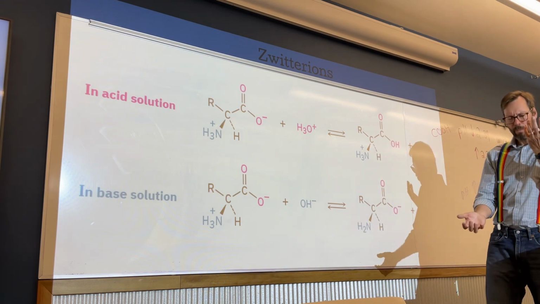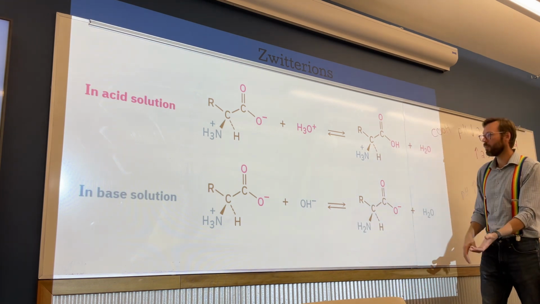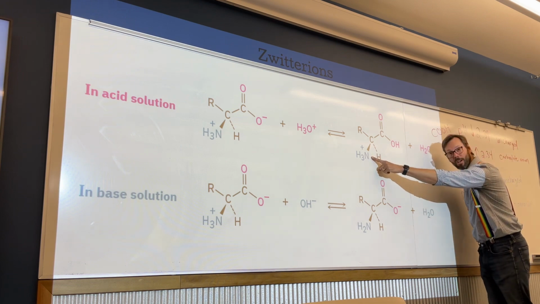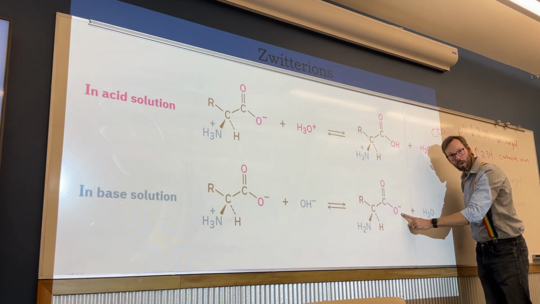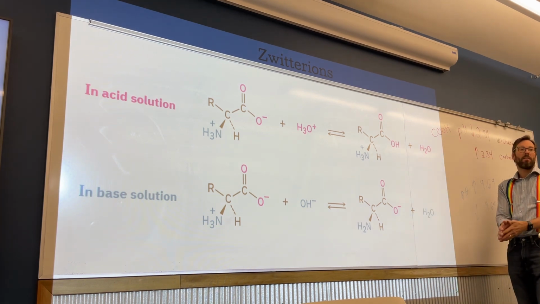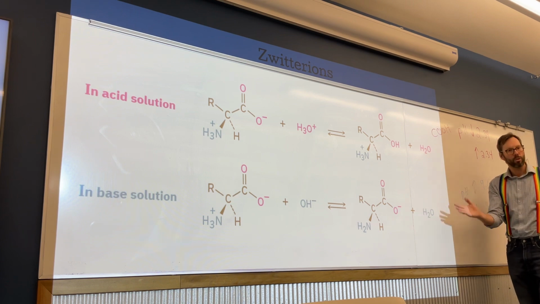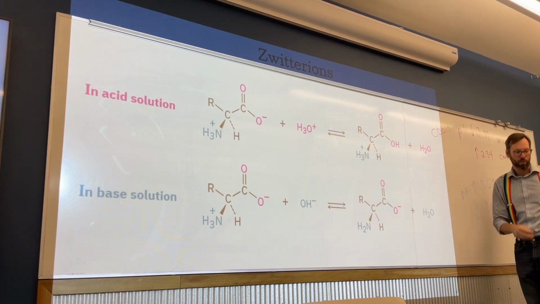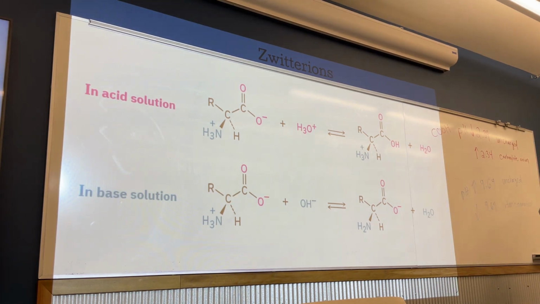It means that depending on the solution, it can be positively charged or negatively charged. If the solution is neutral, it's going to be a net neutral. There's going to be charge separation, but the overall charge is 0. Right?